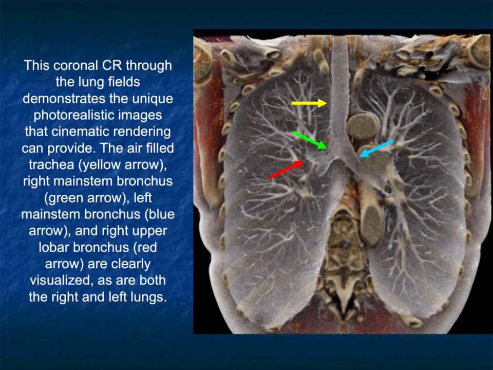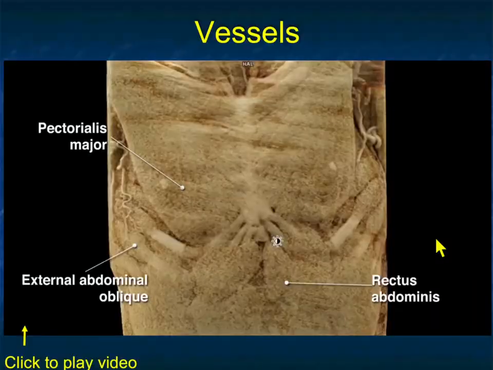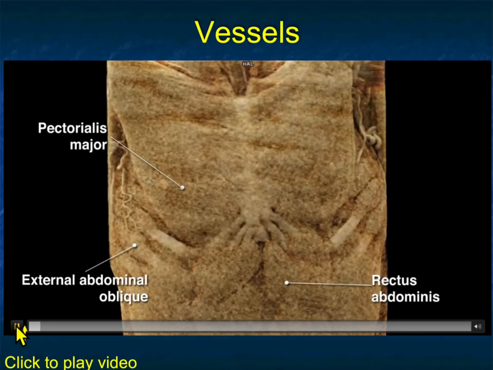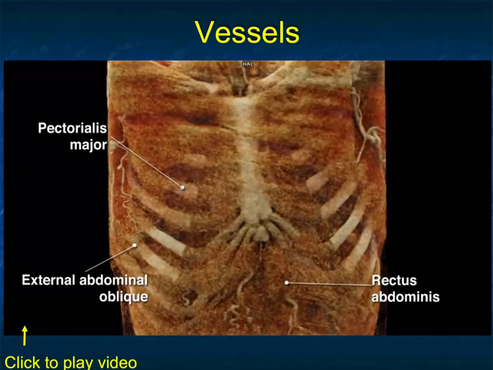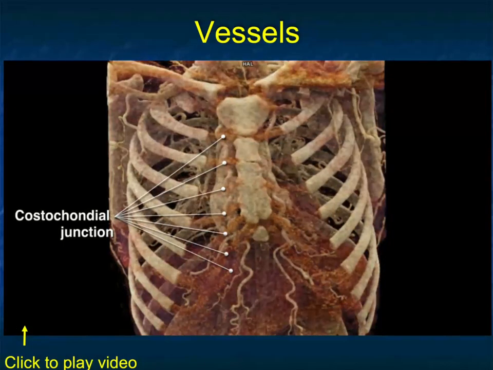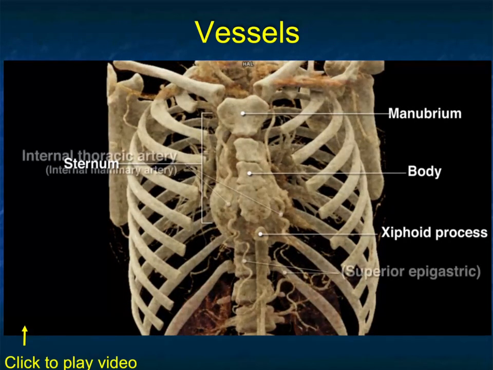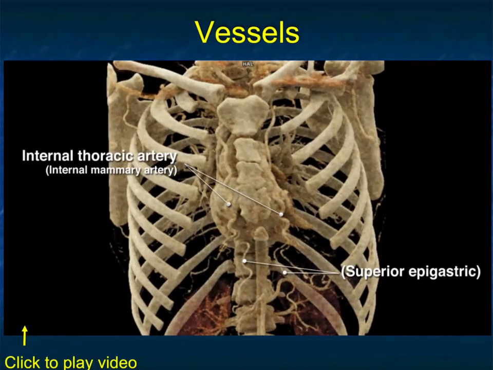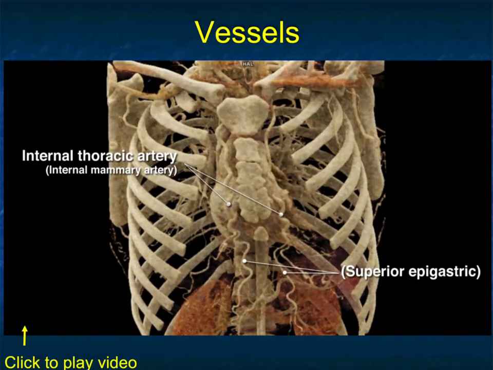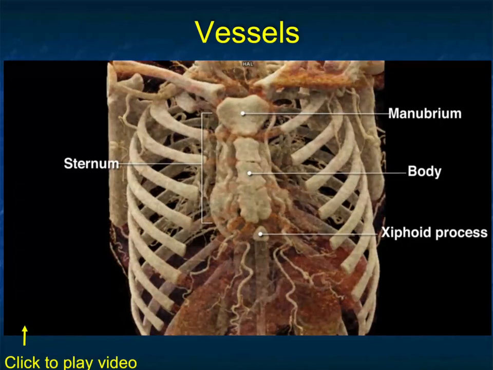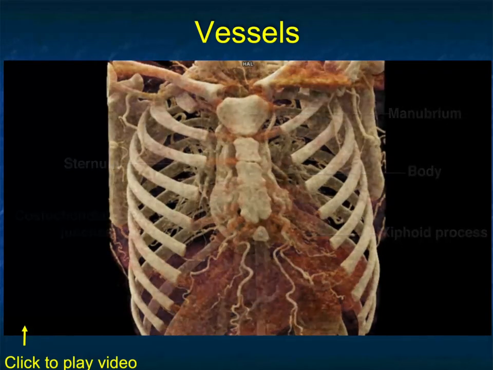Teaching the lung. This is an app we have on the Apple Store using cinematic rendering to be able to teach you anatomy of the airways, teach you the anatomy of the muscles. Again, having things disappear so you can see more detail, the costochondral junctions, looking at the bony structures, then looking at the vascular structures, the ability to just have one data set and have things disappear and learn relationships.